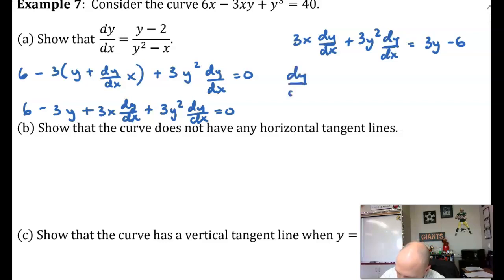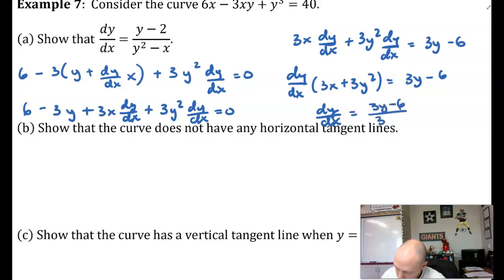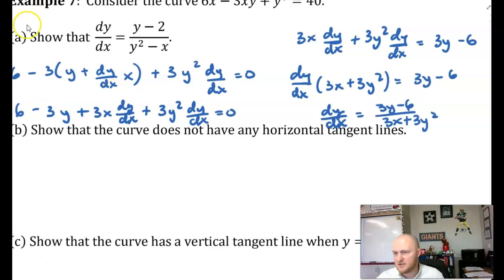Factor out the dy/dx, and we get (3x plus 3y squared) dy/dx is equal to 3y minus 6. We can go ahead and divide, and we get dy/dx is equal to (3y minus 6) over (3x plus 3y squared). And you'll notice that this answer doesn't match the slope that I'm given.